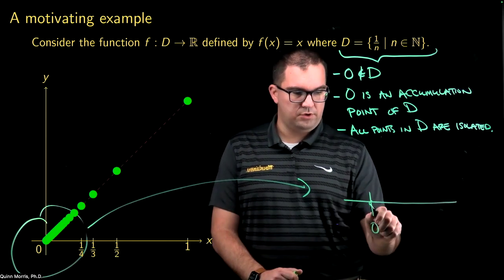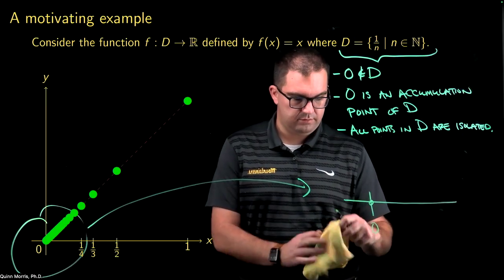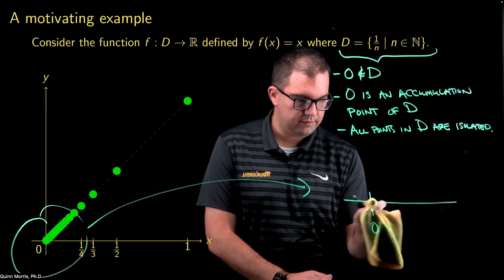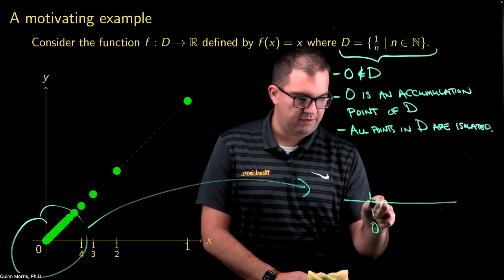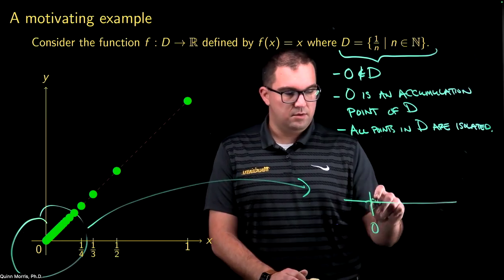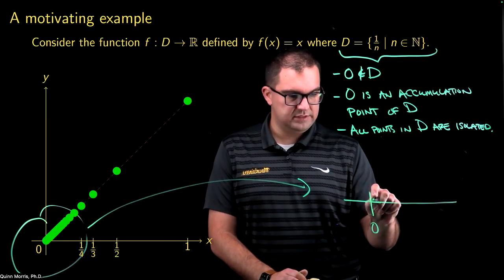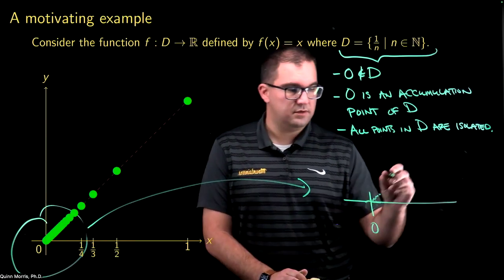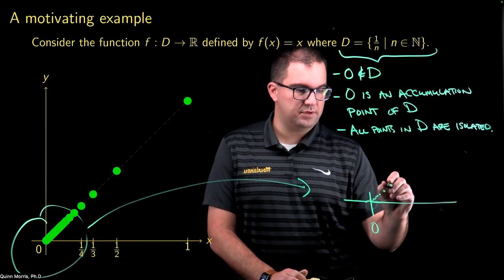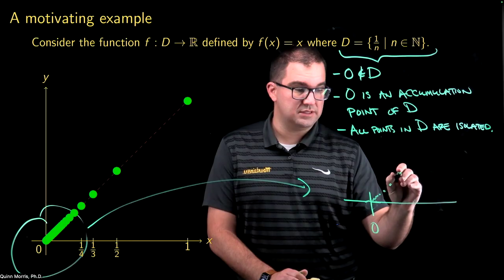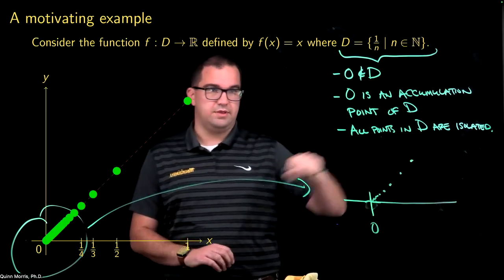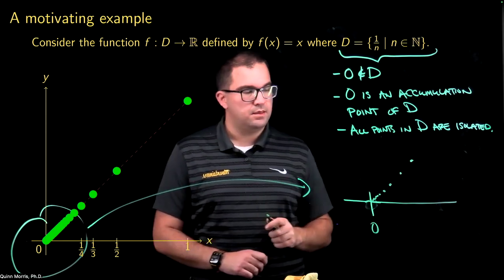Well, the first problem is there's no point of my function at 0. But you have these points that are approaching it in some sense. As you get further out, it becomes clearer that they're all isolated, because as you get further away, the gaps grow larger, so they're even more isolated.